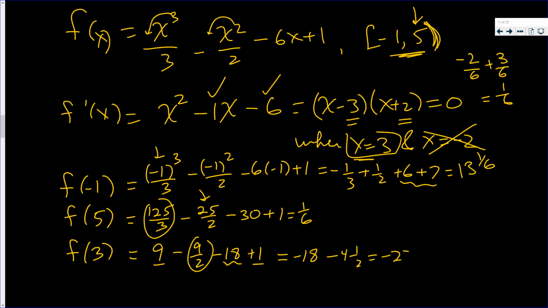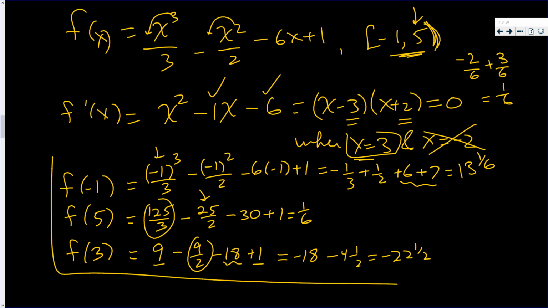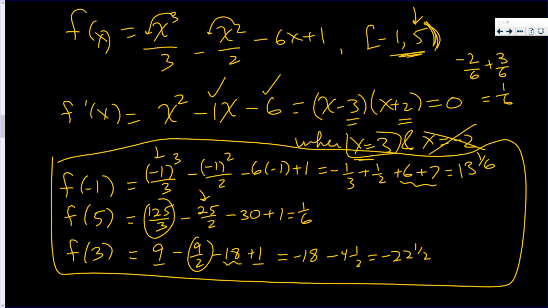So it's -12.5. Okay, so now we are ready to define the largest and the smallest value. Clearly, that's the largest. That's a possible max. And this is the least. It's a possible min.